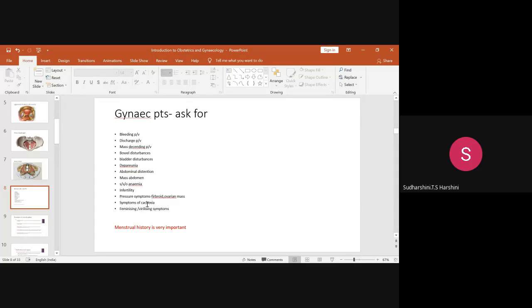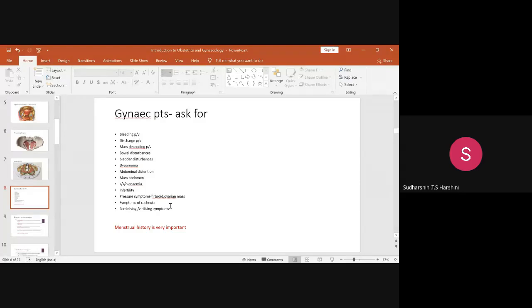Okay, if you suspect cancer, you ask about symptoms of cachexia: loss of appetite, loss of weight. You will ask only if you suspect cancer, like cervical cancer, endometrial cancer, vaginal cancer, ovarian CA, and feminizing or virilizing symptoms. Feminizing symptom in a female, what will it lead to? Precocious puberty. And virilizing symptoms means masculinizing symptoms.